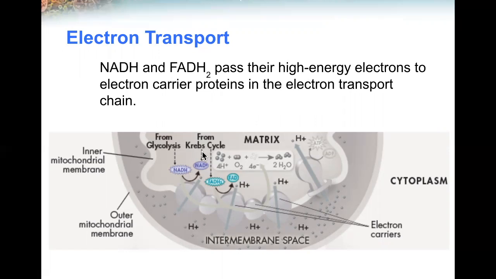So from the Krebs cycle and from glycolysis, we have NADH and FADH2, and they pass through the inner mitochondrial membrane.